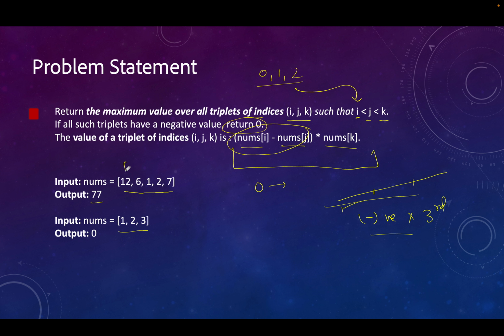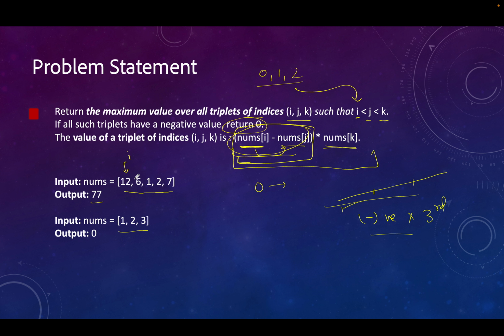So here we can pick i here, and the goal would be that this first number should be as big as possible, and compared to that, the second one should be as small as possible. So in summary, this difference should be as big as possible, so that multiplying by another number gives you a very large value.